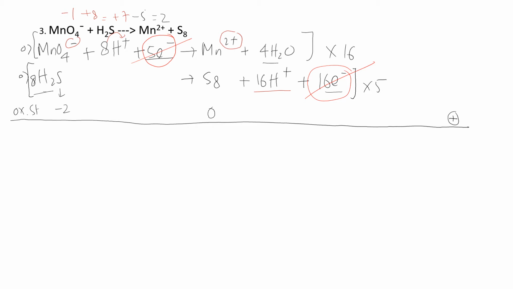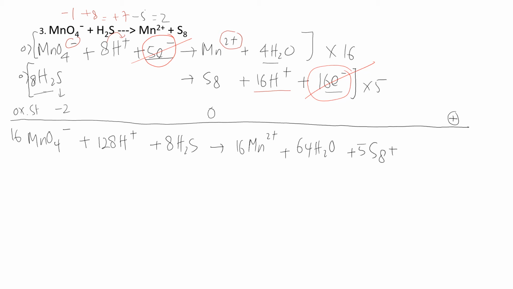On the left, you have 16 MnO4 minus plus 16 times 8, 128 H plus, plus the second part 8 H2S, to be the first part 16 Mn2 plus, 16 times 4, 64 H2O, plus the second part 5S8 plus 16 times 5, 80 H plus.